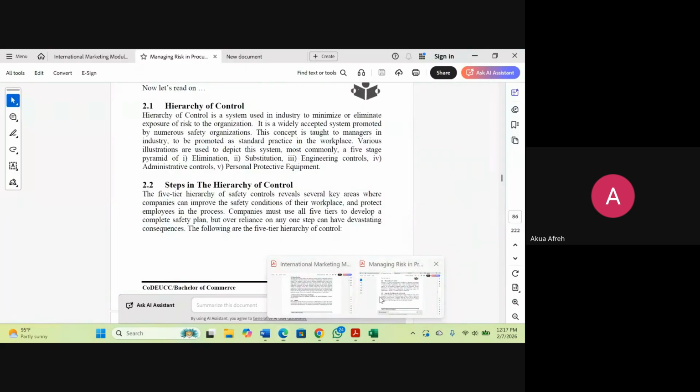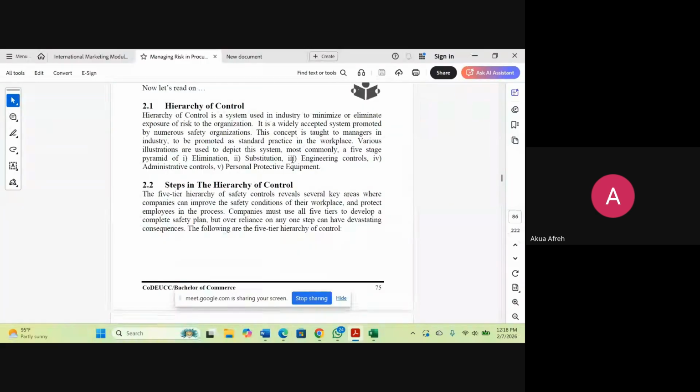Let's continue. With this one, we are saying that it is a system that we use to minimize and then eliminate our exposure to risk in the organization. It's an approach that organizations use to manage their risk.